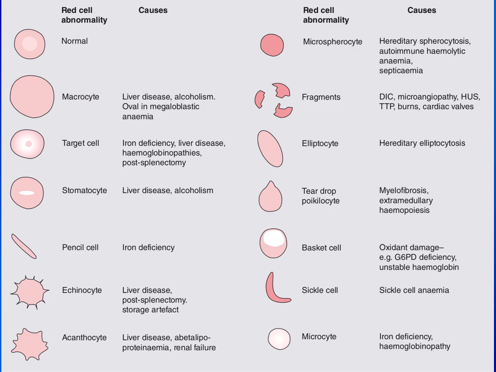Therefore, it's always important if you have a patient with anemia to evaluate the peripheral smear to look for any morphological changes because they can definitely give you clues as to the underlying pathophysiology.